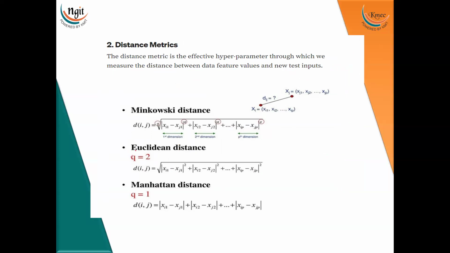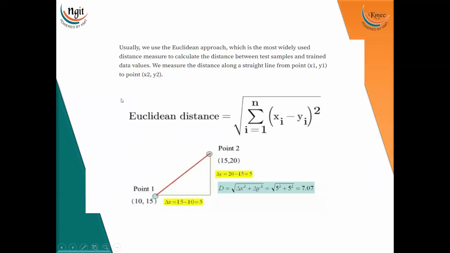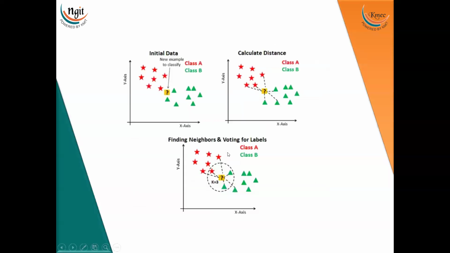But the default method is the Euclidean distance, which is the most widely used distance measure, because to calculate the distance between test samples and the trained data values, we find the straight line equation. This is the same, with different examples of how we represent a KNN algorithm.